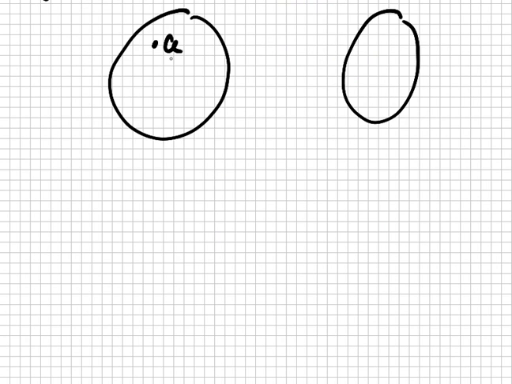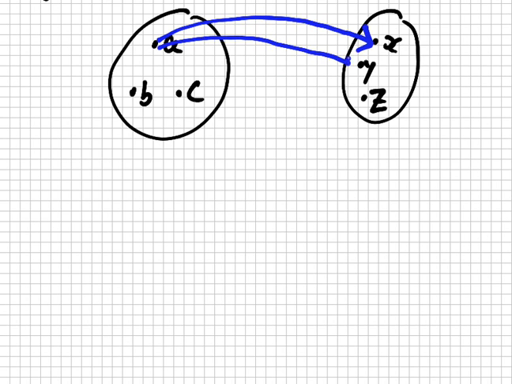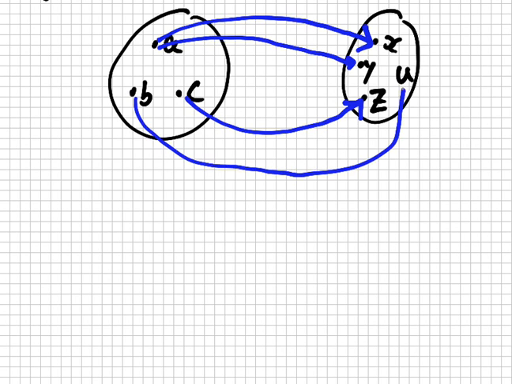Next example is this. A, B, C, X, Y, Z. So let's say A goes to X, A goes to Y, C goes to Z, and let's just put in another value here, U. B goes to U as an example.